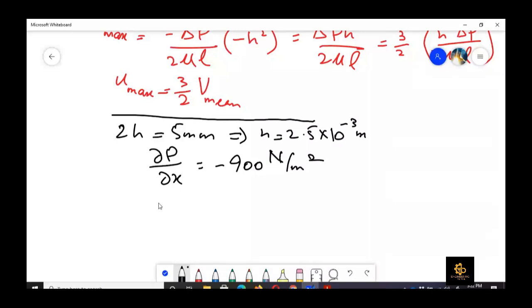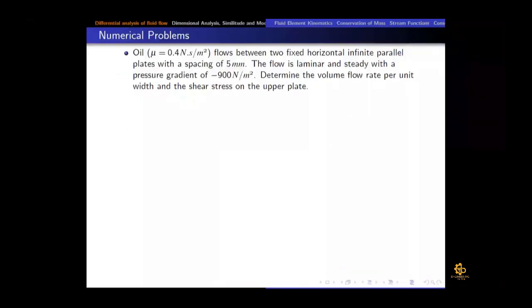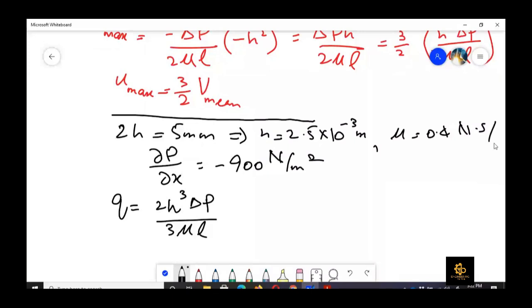Right. So we need to calculate the Q value. So Q value can be calculated by the relation we just derived, which is equal to 2h cubed delta p divided by 3 mu, and the mu value is given equal to 0.4 Newton second per meter square.